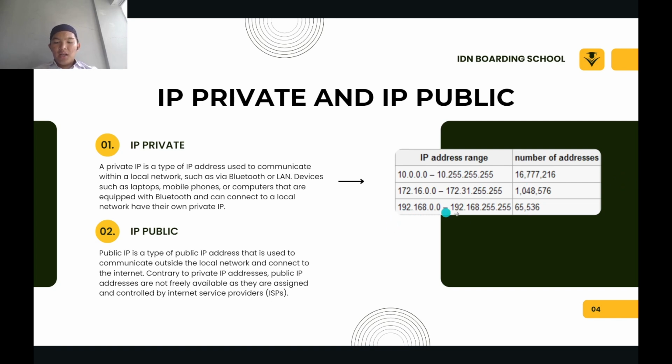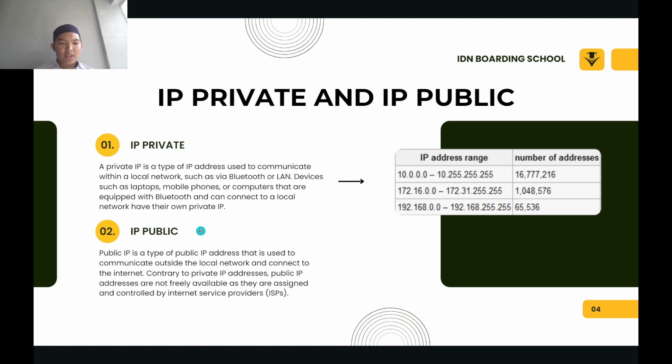And the last range is 192.168.0.0 till 192.168.255.255, and the total IPs that can be used is not much, around 65,000.